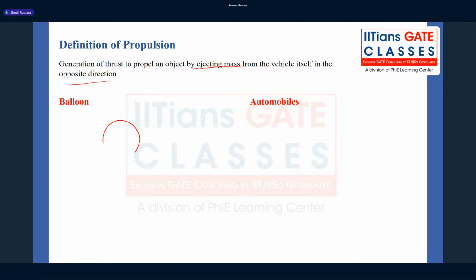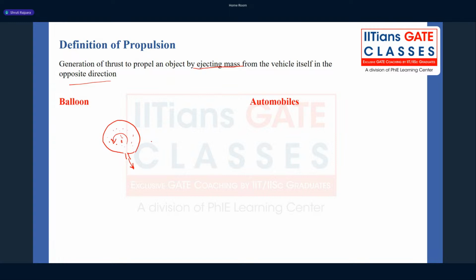A balloon is a simple system, a thin plastic sheet wherein there is gas that is filled. This gas is usually lighter than air. So when there is an opening of the balloon, this gas is ejected out, and due to this ejection of the gases that are filled in the balloon, it creates a chaotic motion.